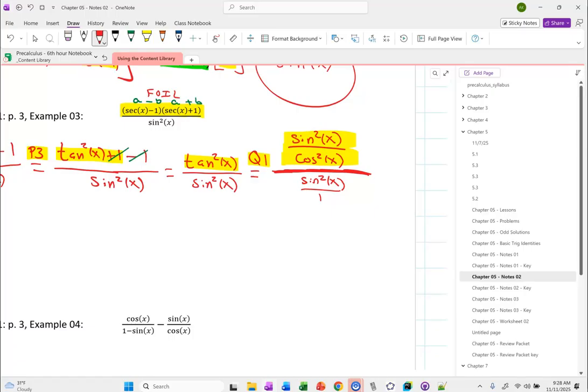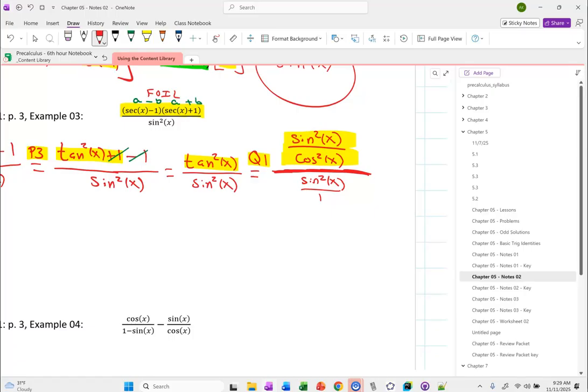The little fraction on top is sine squared over cosine squared. The little fraction on bottom is sine squared over 1. Notice that the sine squared is in the same location of the little fractions. It's in the numerator of the little fraction on top and the little fraction on bottom. Does everybody see that?